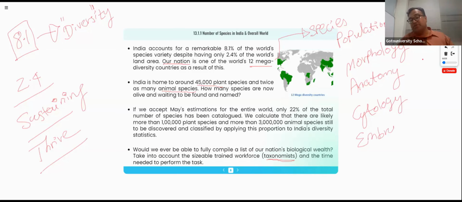Many parameters are taken into consideration for classifying the species into a minimum number of groups. Morphology denotes external appearance, anatomy denotes internal structure, cytology denotes cell information, and embryology denotes the embryo studies of various species, right?